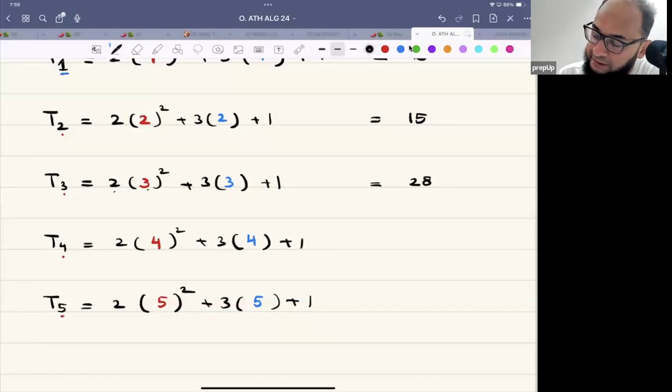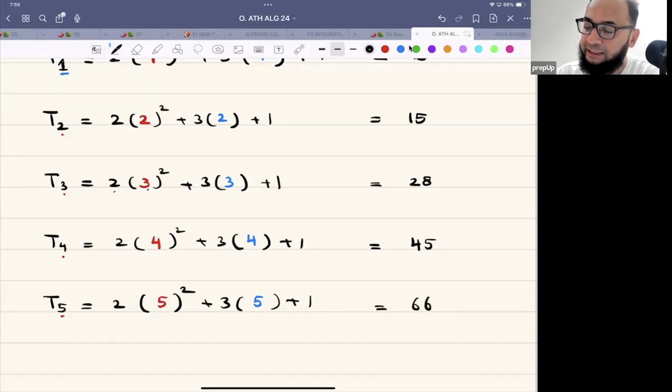And then 4 square is 16, 16 into 2 is 32, 32 plus 12 is 44, plus 1 is 45. And last, 5 square is 25 into 2, 50, 50 plus 15 is 65, plus 1, 66.